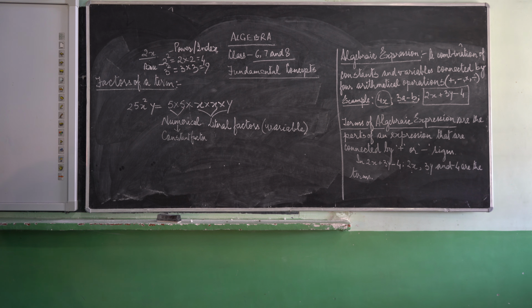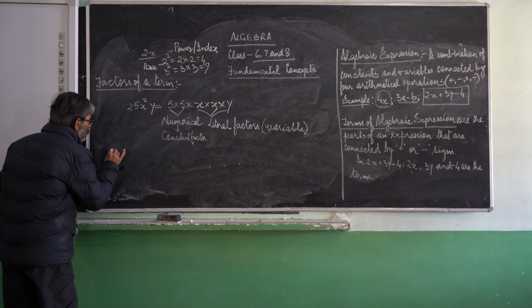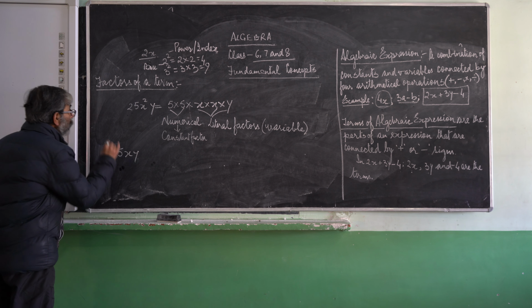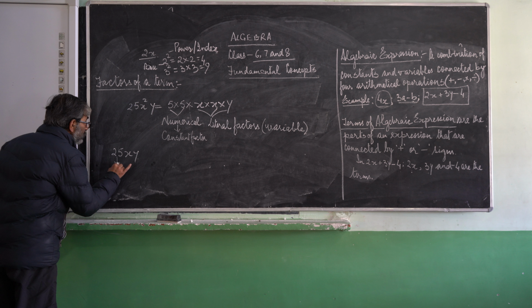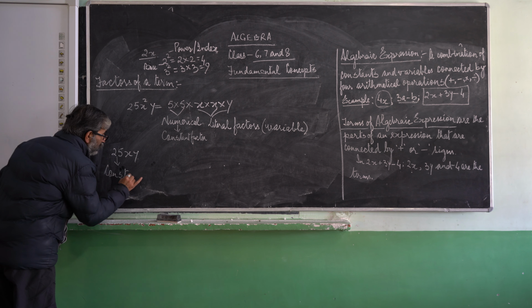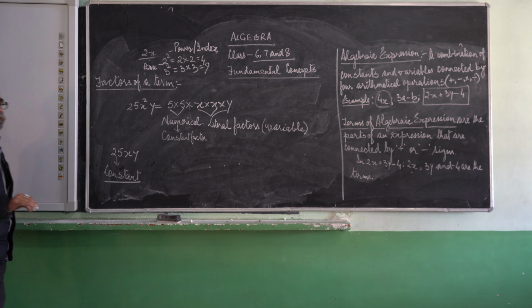Then constant term and coefficient. In another example, we take suppose 25xy. So 25 in this case is known as the constant. And you know what is constant? Constant is the value which has a fixed value.